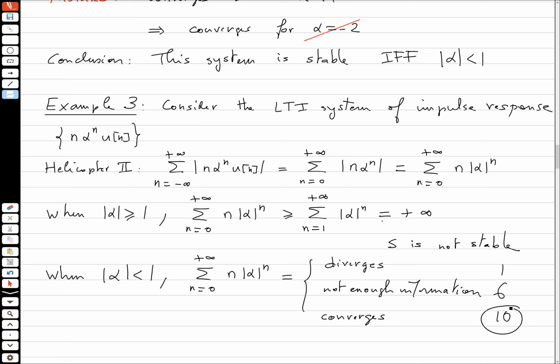All right, so here I want to return to the point that it doesn't matter how close alpha may be to 1. Alpha to the n will go to 0 in a much stronger way than n goes up.